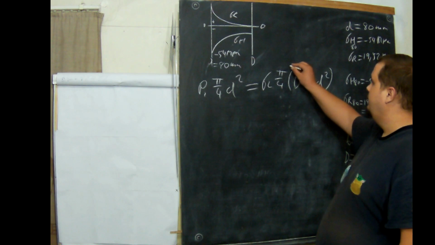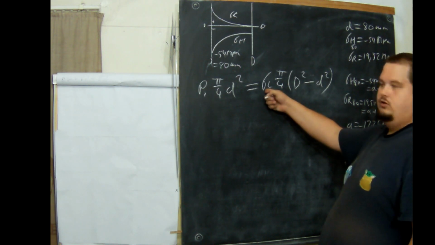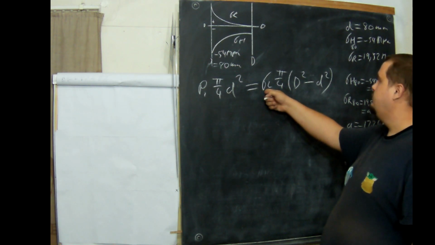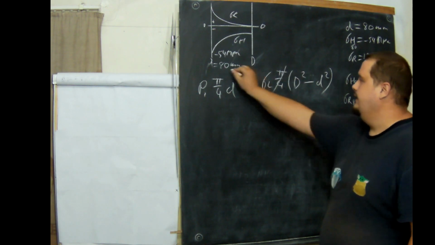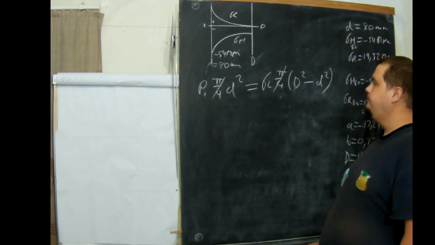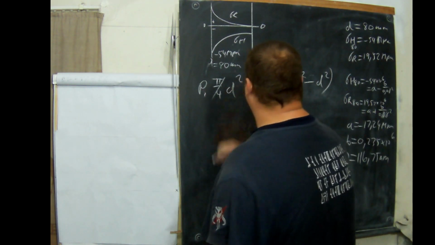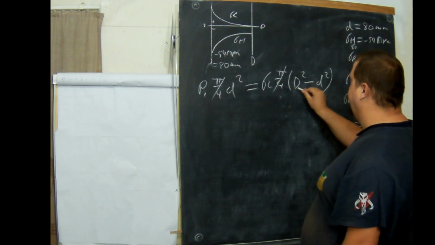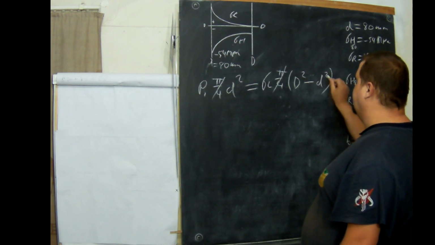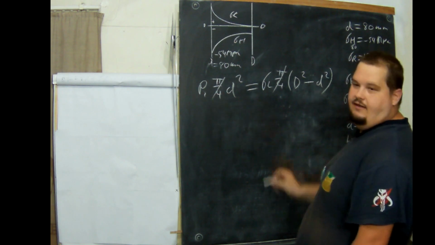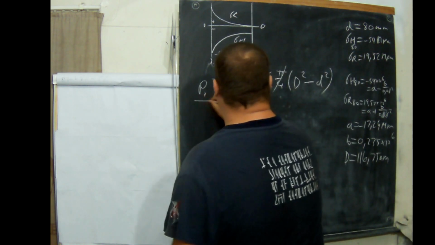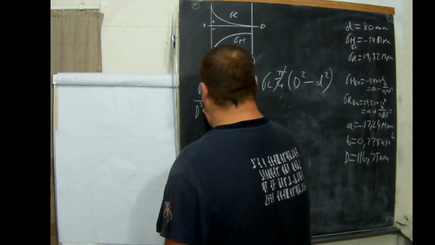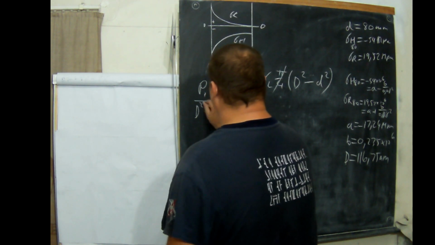Now we want our longitudinal stress by itself. That can cancel with that, so we're left with pi d over 2. Then we take this d squared minus d squared and put it underneath here.